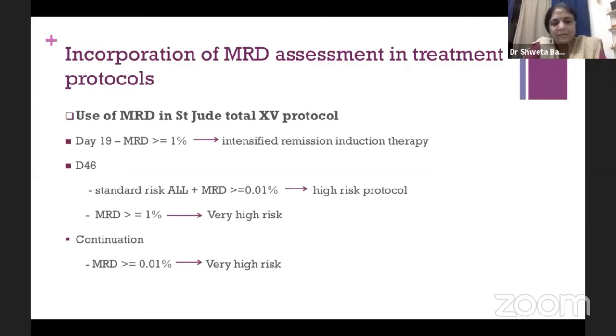They repeated MRD on day 46. Those patients who were standard risk ALL but MRD positive at 0.01% were treated on high risk protocols, and those who had more than 1% were treated on very high risk protocols. And at any time point in continuation therapy, irrespective of the initial risk category, if the MRD was 0.01%, they were considered very high risk and were assigned for transplant.